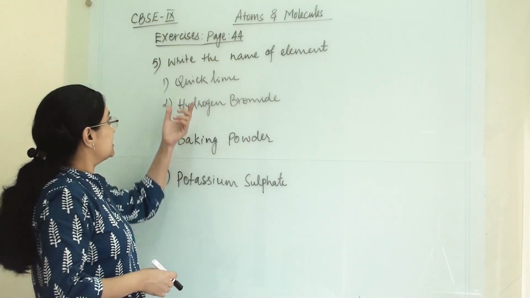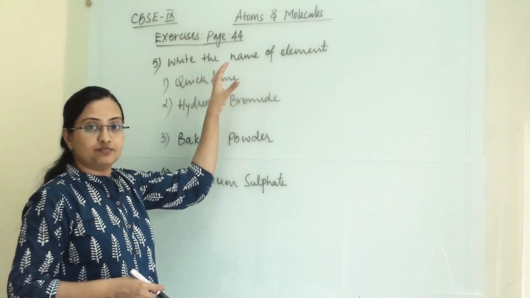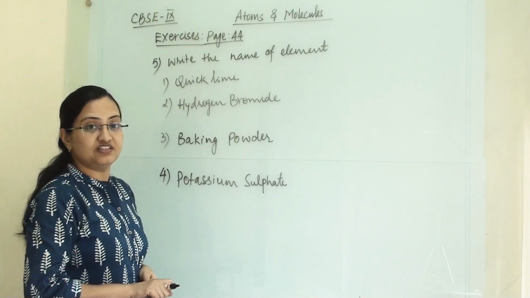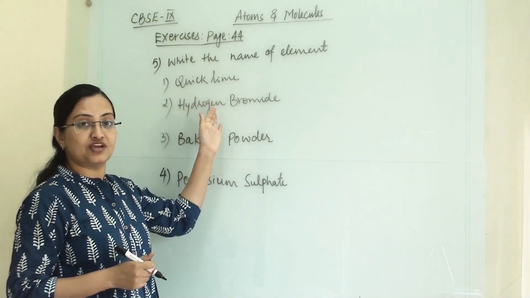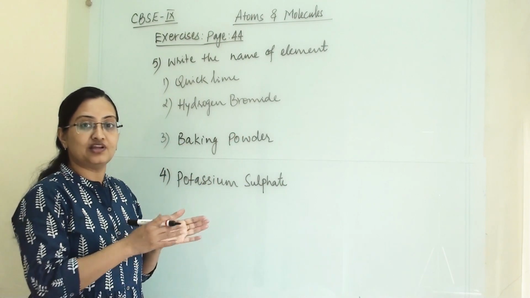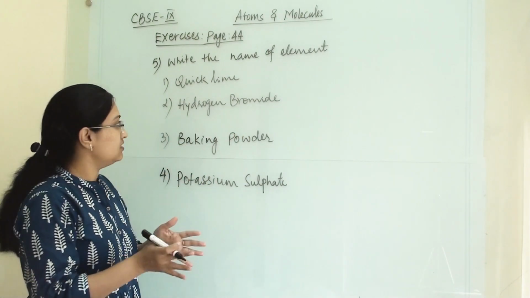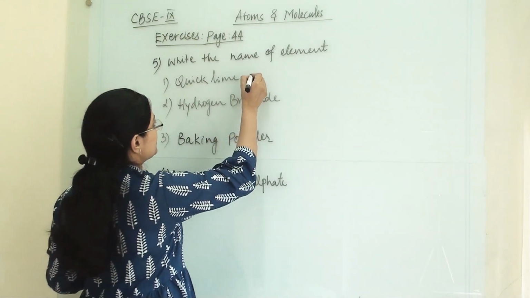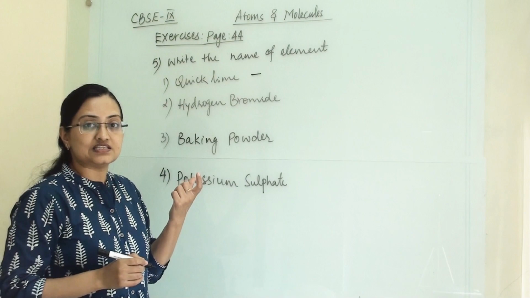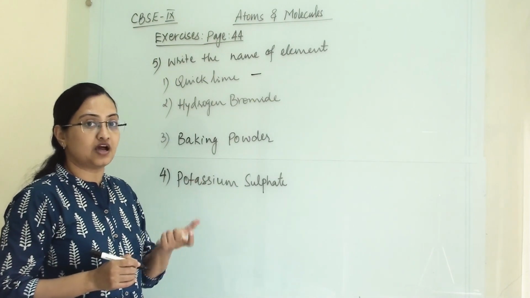Our next question is, write the names of the elements present in this particular compound. First they have given the name of the compound, so we should know the molecular formula, and then we will write the elements or atoms present in it. So quicklime. Quicklime's molecular formula is CaO, calcium oxide.